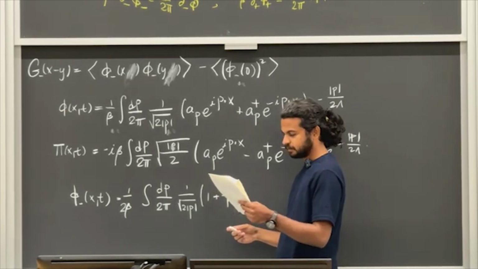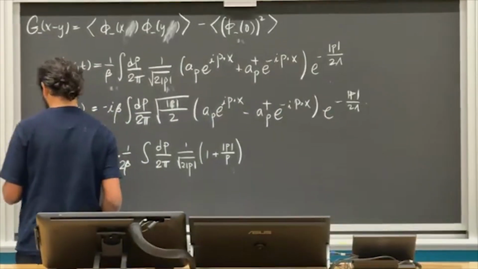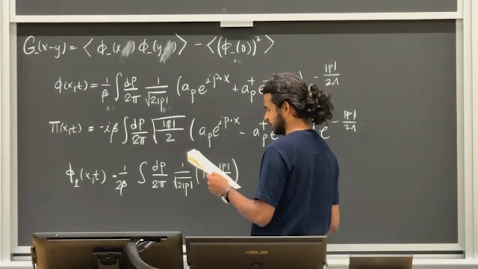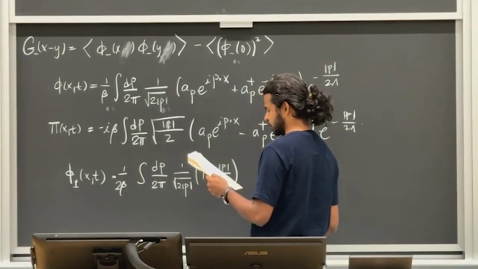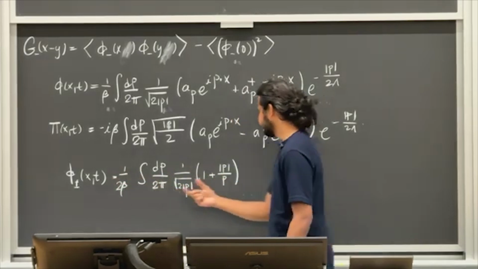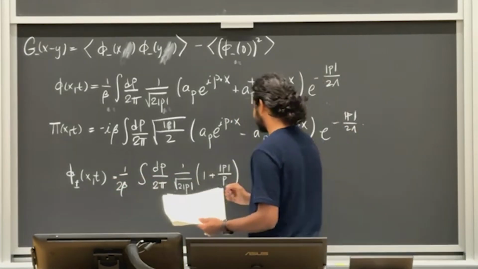Maybe I messed up. Wait a minute. Sorry, phi plus minus is that. That's right. And for phi plus, momentum is only positive or something like that. Right movers and left movers.